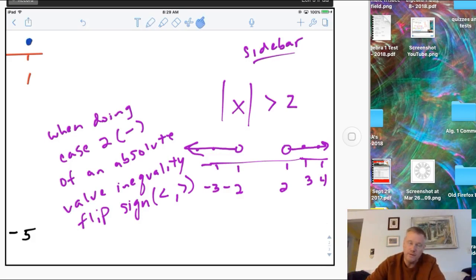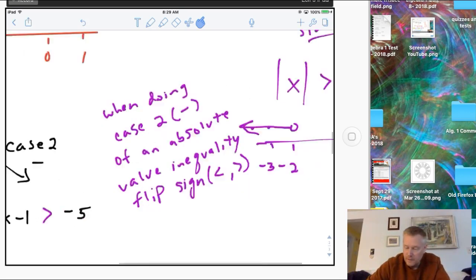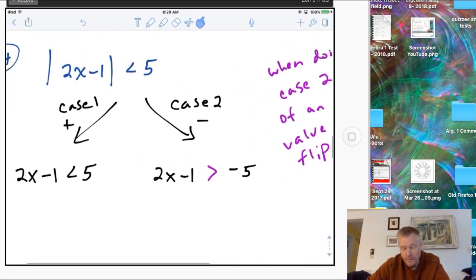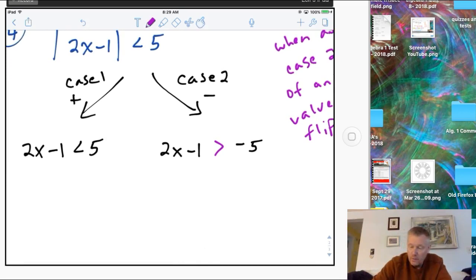Because remember, the farther to the left on the number line you go, it's also less than. All right. So anyway, that's why you have to flip the sign on the negative value. So let me draw a line down the middle. I'm going to solve these two now, okay? And then I'll even graph the solution.